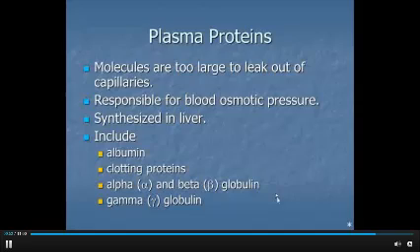Clotting proteins, especially fibrinogen, also play an important role and also found in relatively large concentration, about 4%. And needless to say that the function of clotting proteins is to form blood clots. Alpha and beta globulins both are the specific carriers.